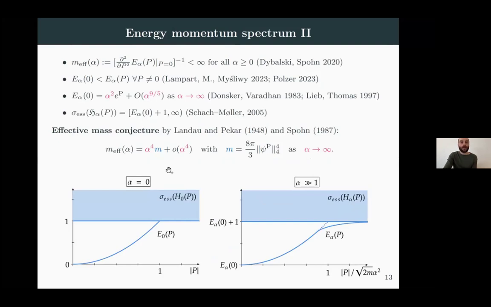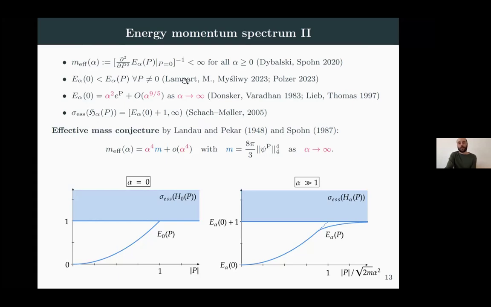To get an idea of what the picture is, let me review a short list of known results, and that's not meant to be an exhaustive list of results on this problem. First, the inverse curvature of this energy-momentum curve at P equals 0, also called the effective mass, and I'll come to that again in a moment, is always finite.